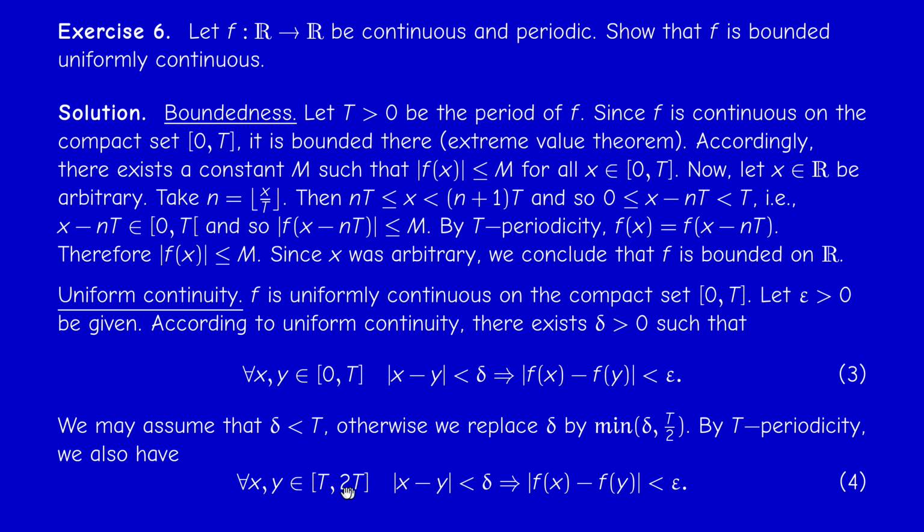If x and y are between t and 2t, then x minus t and y minus t are in [0, t]. So |f(x-t) - f(y-t)| is less than epsilon, but by periodicity they are equal. So by periodicity, this condition works on any interval of length t. So it works on [2t, 3t], anything you like. But I just need these two conditions that I call 3 and 4.